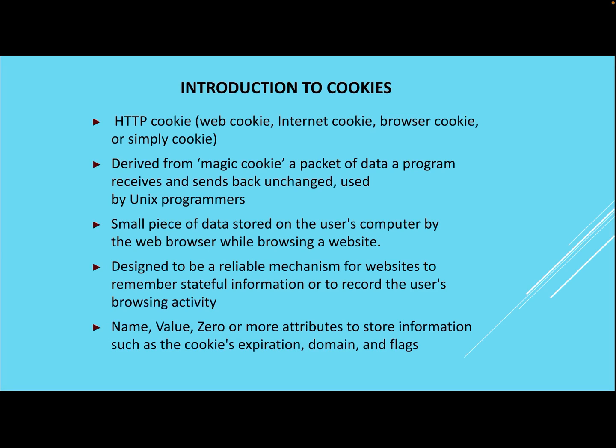A single cookie has a maximum size of 4 KB usually. And this is designed to be a reliable mechanism for websites to remember some useful information, or even to record the user's browsing activities using that particular web browser.